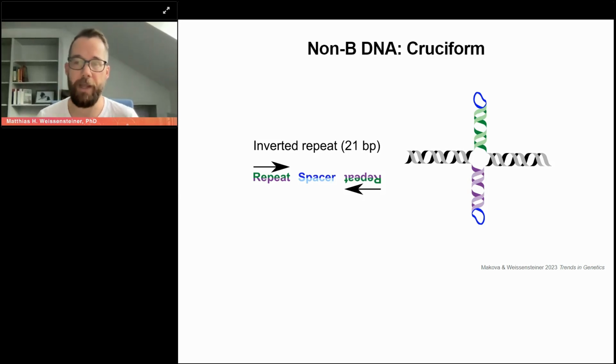And they're intra-strand, so the bases are pairing within the strand, meaning that you have these strands looped out in a cruciform kind of way. And the spacers then also form this single strand structure at the end.